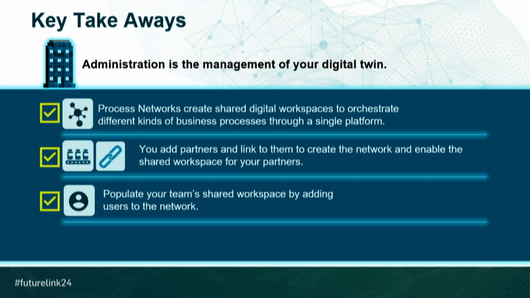And then as some takeaways, remember the process network creates the shared digital workspaces so you can orchestrate the different business processes, manufacturing, and logistics with your partners through that single platform. You add partners and link them to create the network and enable that shared workspace for your partners, where you then provide the access to them that they can then divvy out to their teams. And finally, you need to populate your workspaces by defining user access.